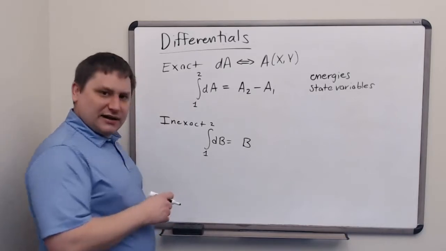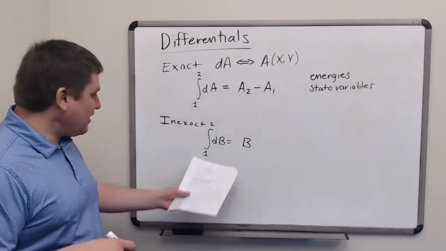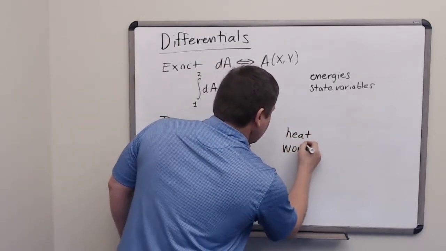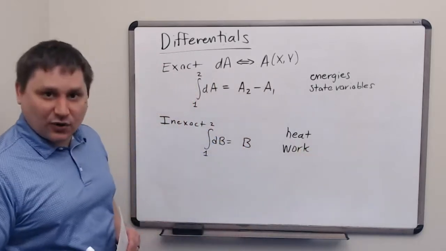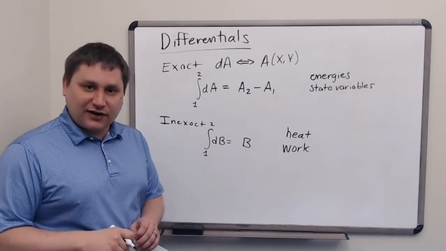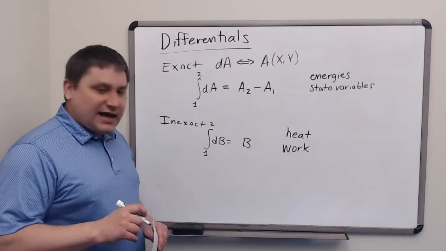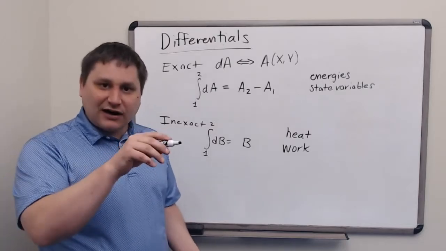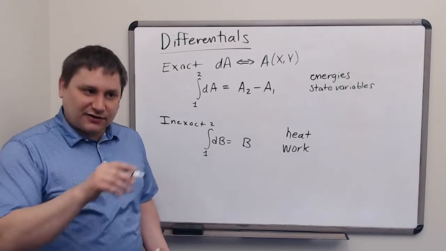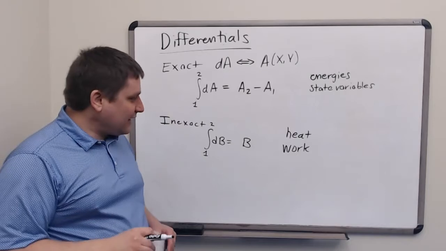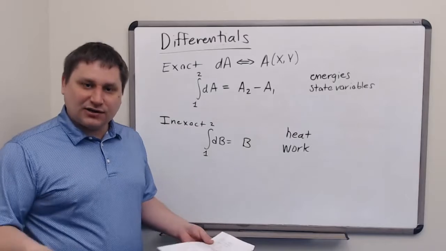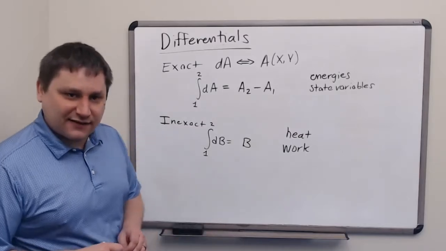But there are, in fact, quantities we've been using quite a lot that are inexact differentials. The two main ones are heat and work. We know, actually recently from our work on engines and refrigerators and cycles, that if you take a system at some starting point and go around some path in the allowed space and return it to its initial point, it can have a total amount of heat absorbed that's greater than 0, and a total amount of work output that's not 0 also.